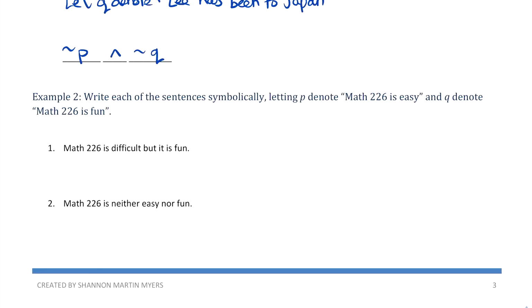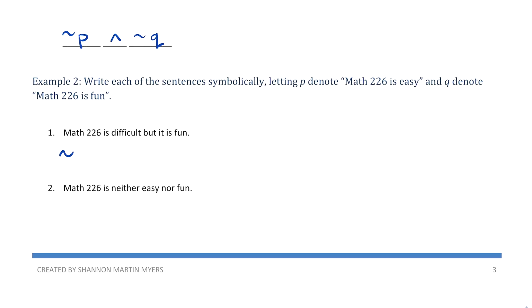Well, isn't difficult the negation of easy? You could think of it that way in the English language. So I'm saying that this one would be not P. We have a but statement, so we would have the logical and, and then the last statement is saying it is fun, so it would just be Q. So not P and Q.